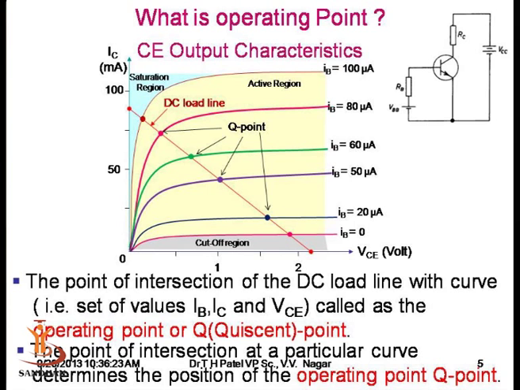If we look at the circuit, there are many points where the DC load line intersects the characteristics. So, for example, for different values of IB, that is the input current, we have different intersection points. All these intersection points are called operating points.